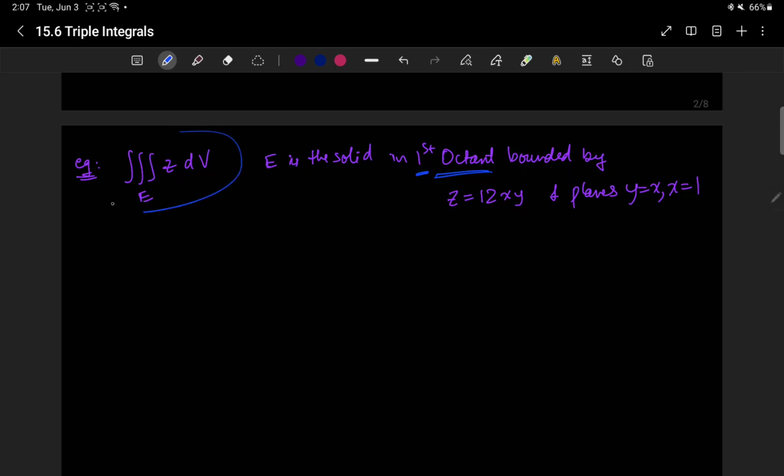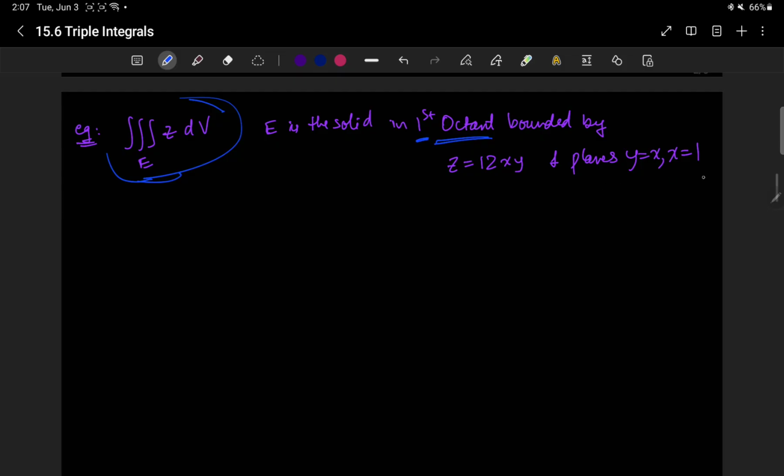Let's understand what's been asked: the triple integral of z dV. You're in the box, in the first octant, bounded by z equals 12xy and the planes y equals x, x equals 1. Let's try to visualize that. We get z, and I draw x and y at an angle here. Now z equals 12xy is a hyperbolic structure, so it does something like that.